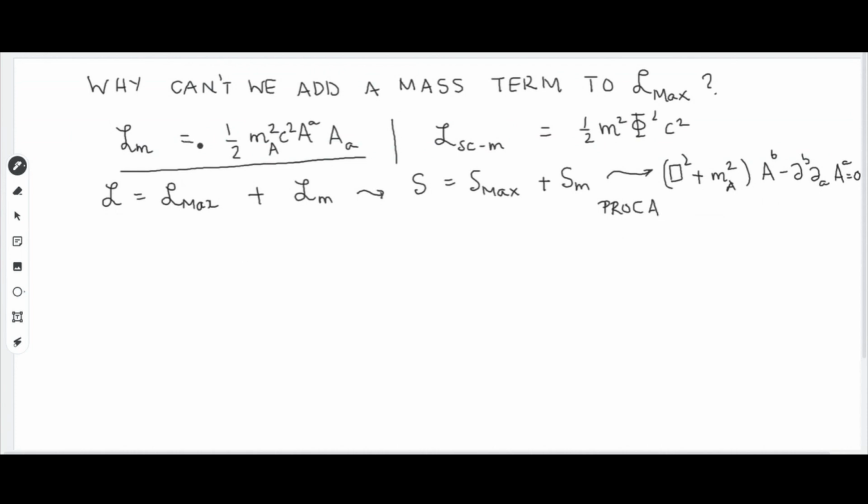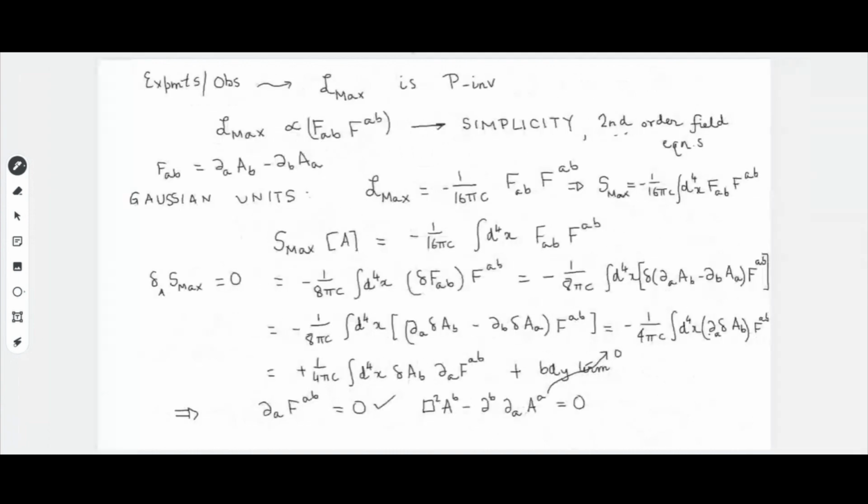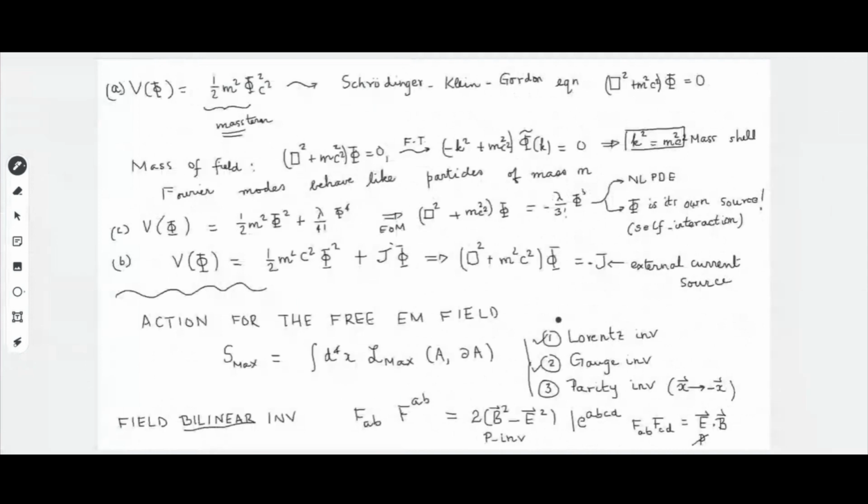So to answer that, let us go back here. Can I write down this equation consistent with the three properties which I listed, I think maybe 4 pages back? Yeah, right here. So these are the three properties. Do we have Lorentz invariance? Yes, we do.